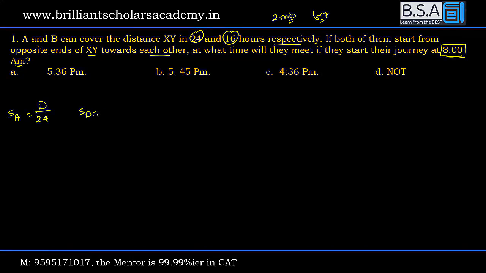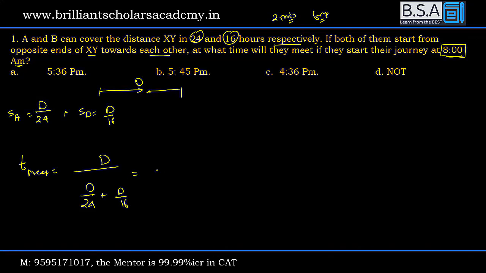Speed of B is d upon 16. Opposite direction when people travel, the total distance must be divided by the addition of speeds. So the time of meeting would be d divided by d by 24 plus d by 16.